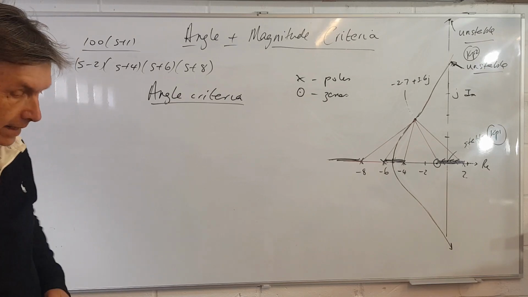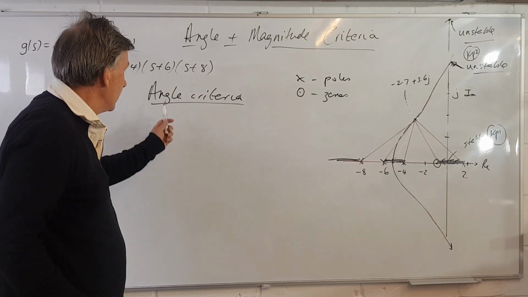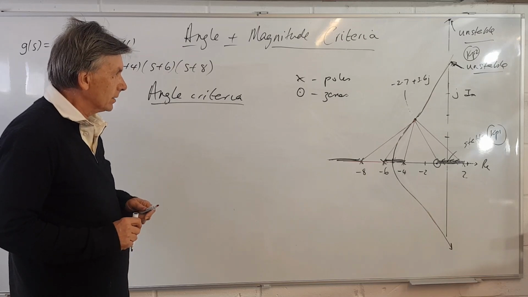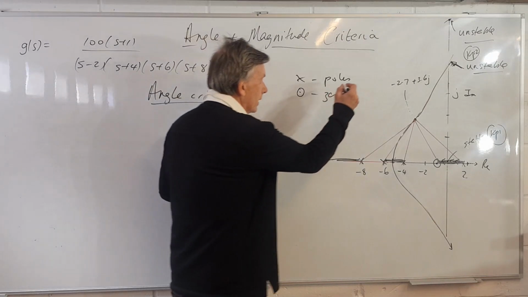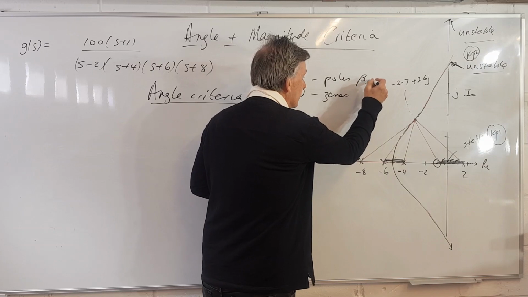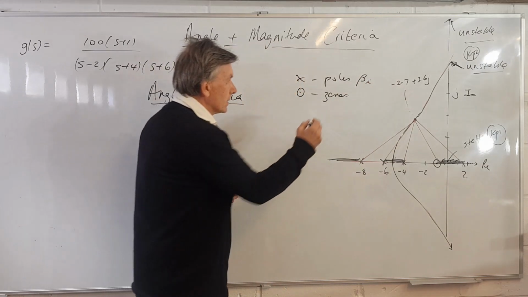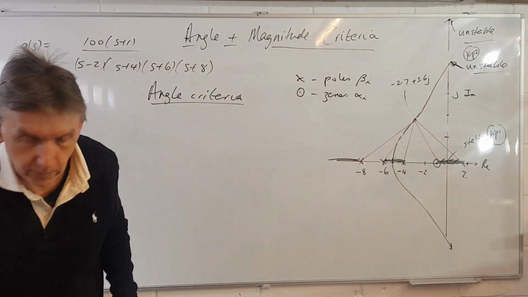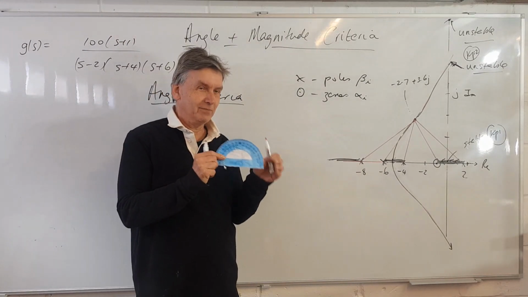Now, to apply the angle criteria, we also have to measure angles. The pole angles we define as betas, beta i's, and the zero angles as alphas, alpha i's, and we measure the angles using our protractor.